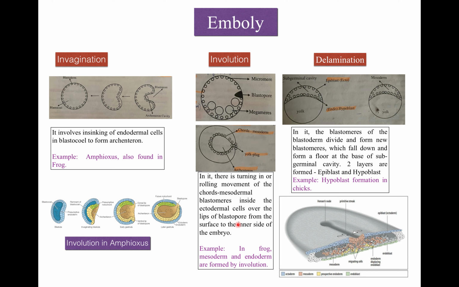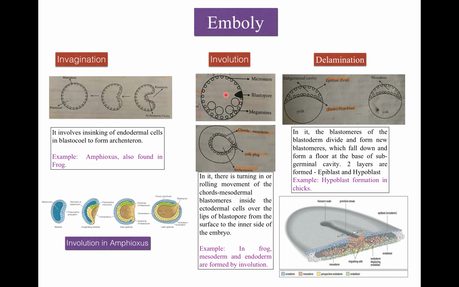Now next is involution. In involution, there is a turning in or rolling movement of chorda mesodermal blastomeres inside the ectodermal cells over the lips of blastopore from the surface to the inner side of the embryo. So here all the micromeres divide and reach the blastopore and enter inside the blastocele cavity while performing the rolling movement.